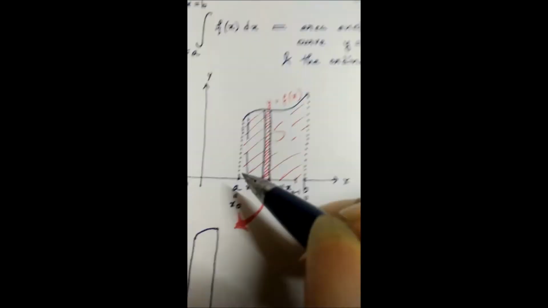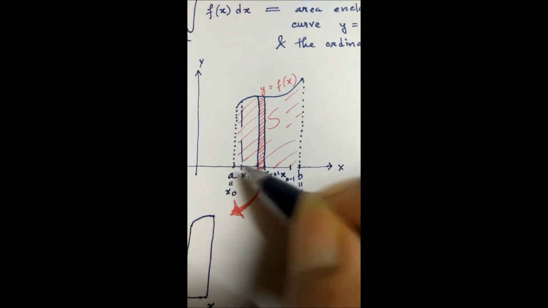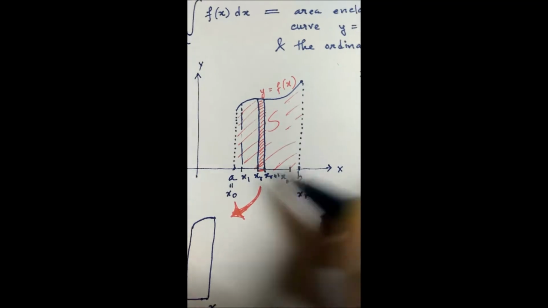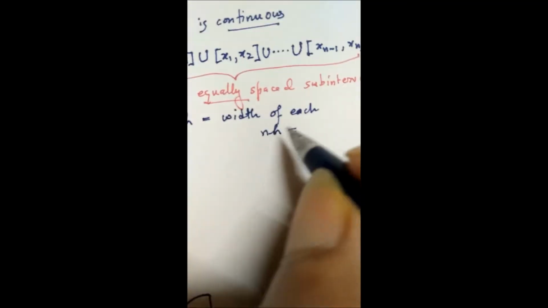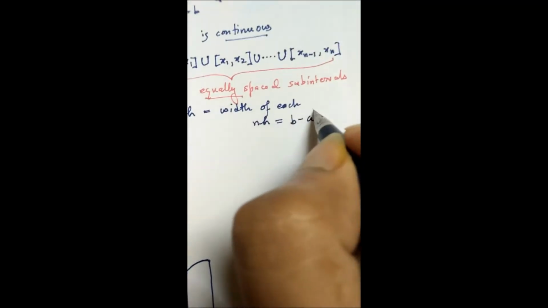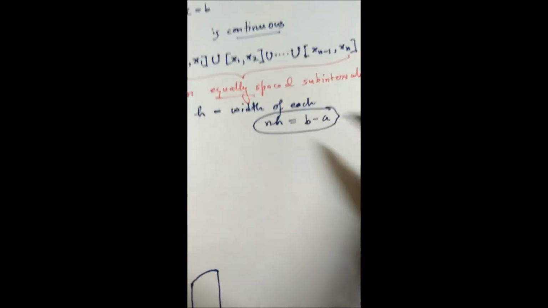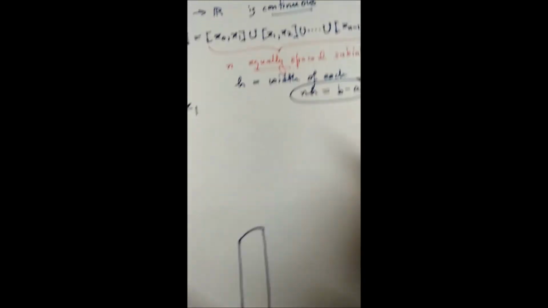Once again, coming back to the curve, what is the length of this part? It's b minus a. So nh, that is if you add all the widths of these subintervals, should be equal to the length of the original interval, which is b minus a. So keep this in mind. This is a very important part of the whole process. nh equals b minus a, right?